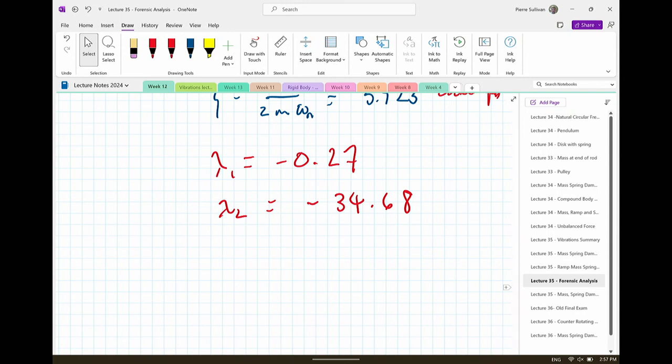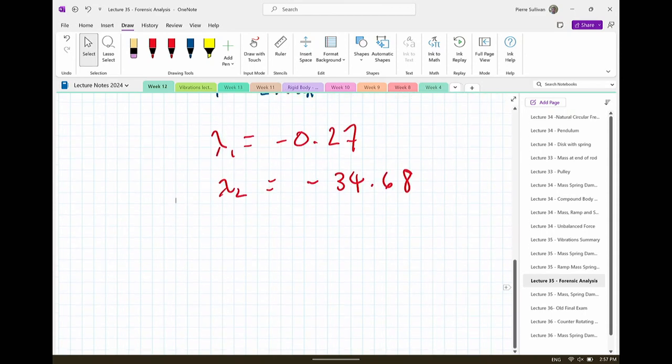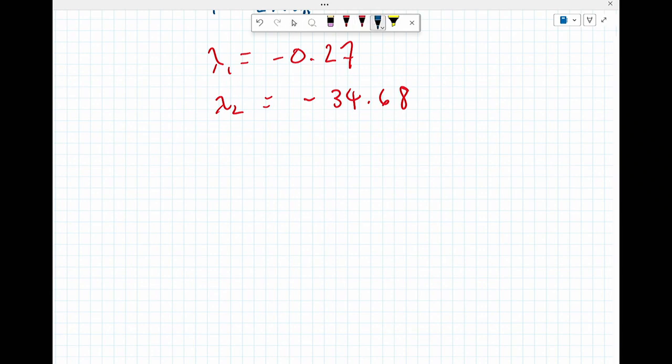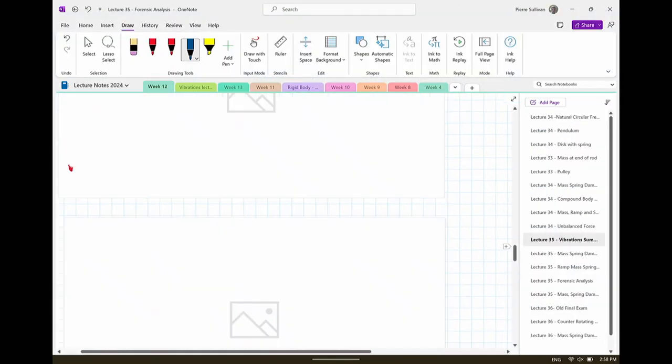So if I substitute in all of my expressions, I end up with x equal to 0.595 e to the minus, I just want to check, make sure I have this written correctly.